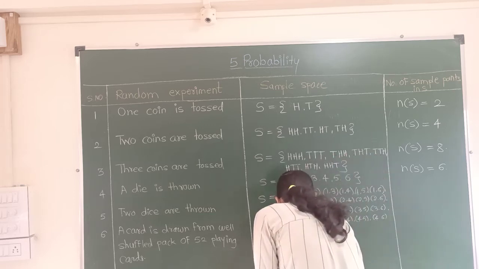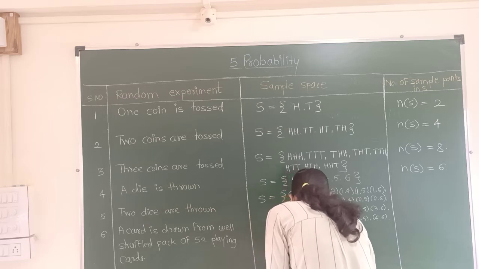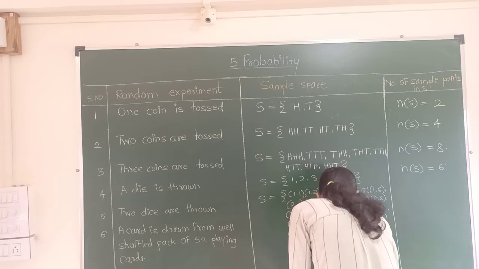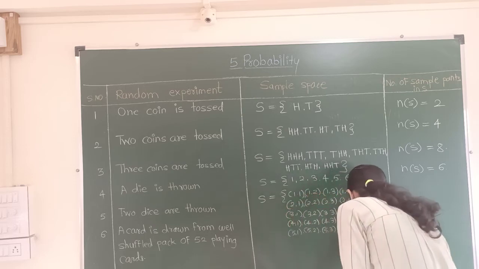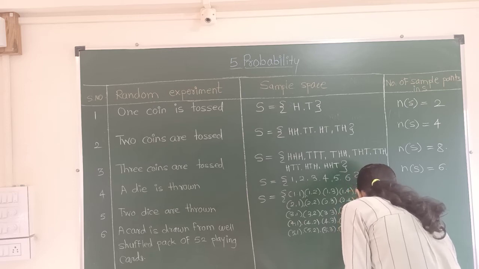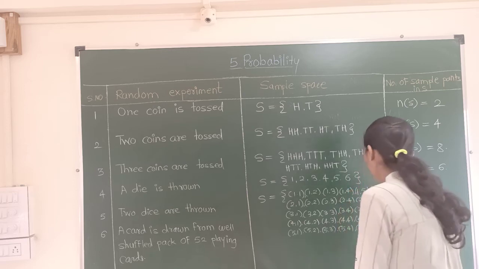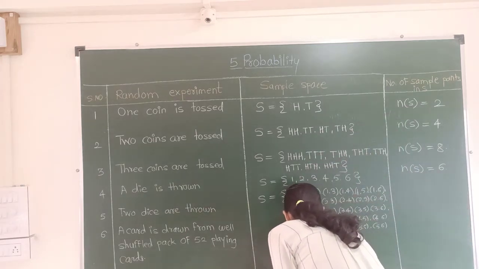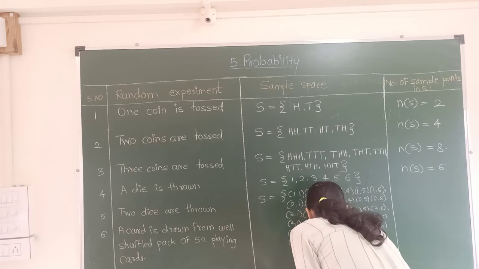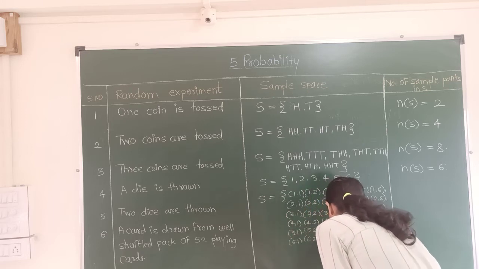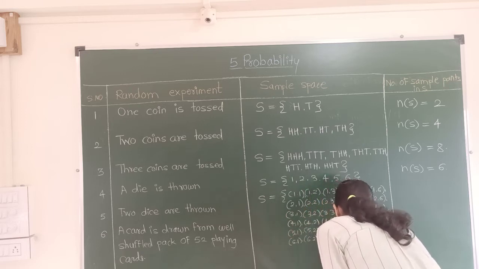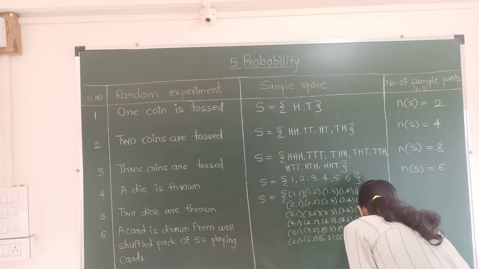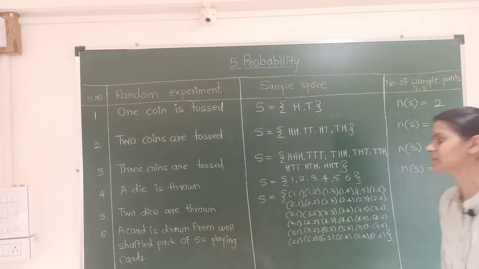It can be (5,1), (5,2), (5,3), (5,4), (5,5), (5,6). And it can be (6,1), (6,2), (6,3), (6,4), (6,5) and here it goes (6,6), and this is the end of the sample space when 2 dice are thrown.